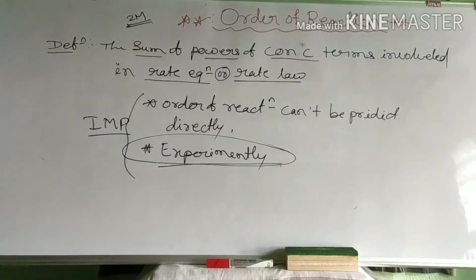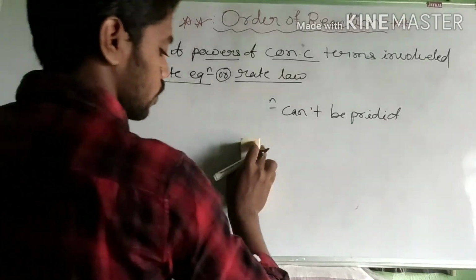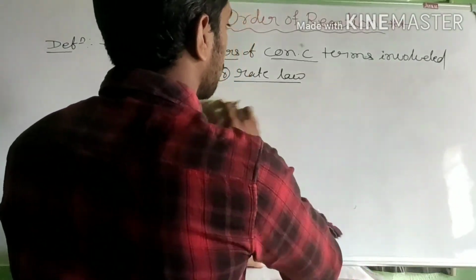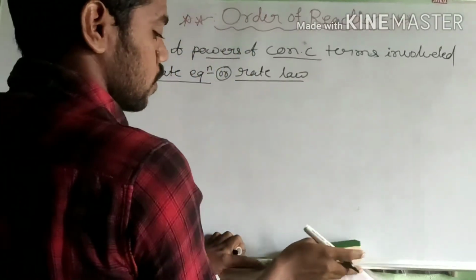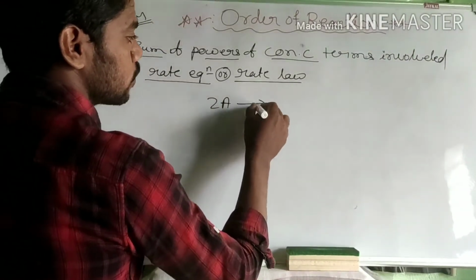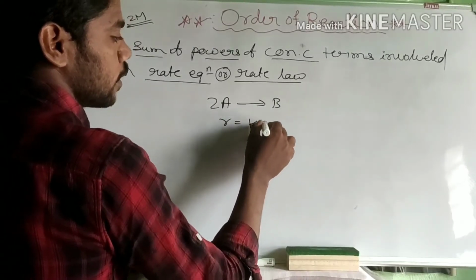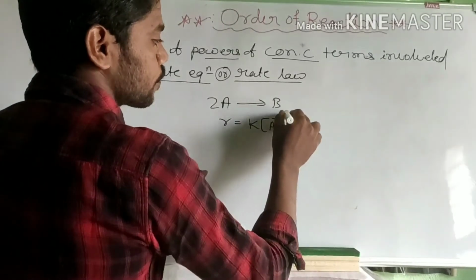Okay, next point we'll go for the discussion. And next one, you see here, 2A tends to the power B, the rate equal to K into A to the power 2.